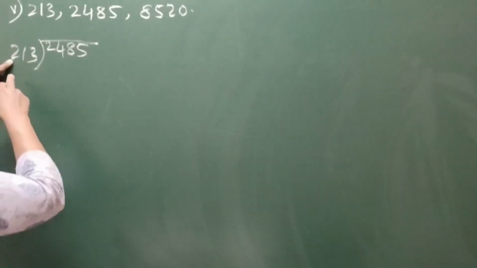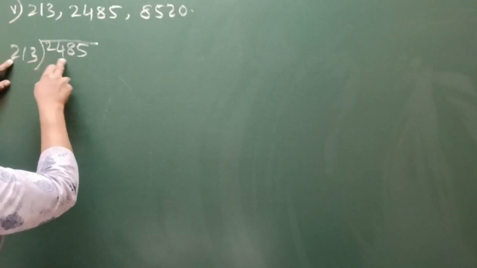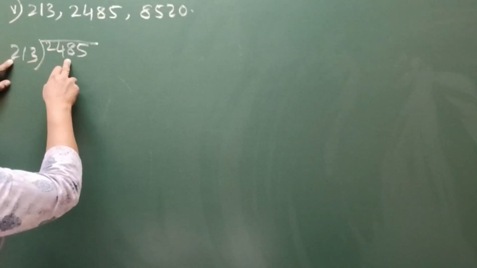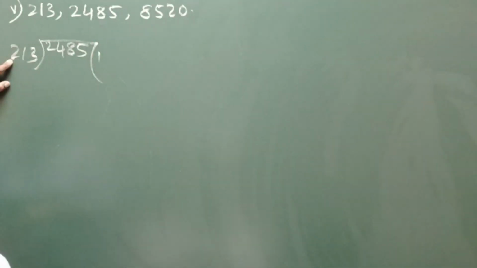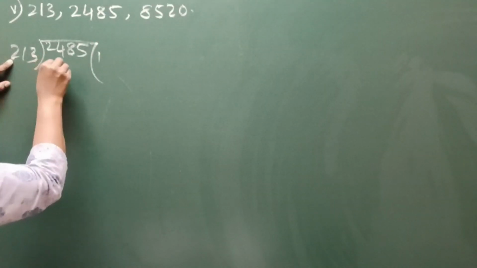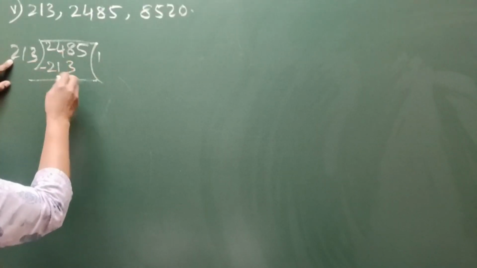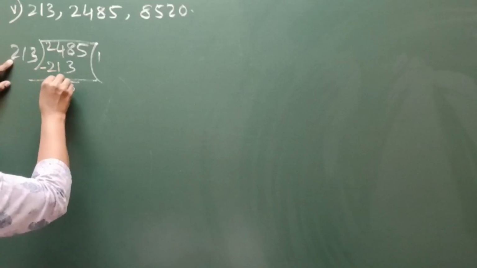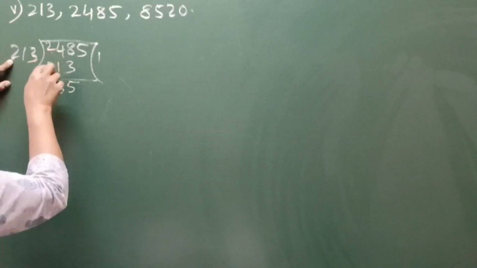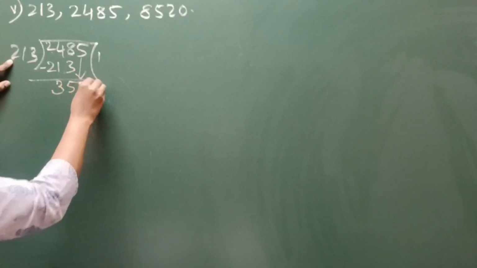Here it is 213. Here if we take 3 digits, 248. So 1 time. 230. 8 minus 3 is equal to 5. 4 minus 1 is equal to 3. 2 minus 2 is equal to 0. Bring down this 5.